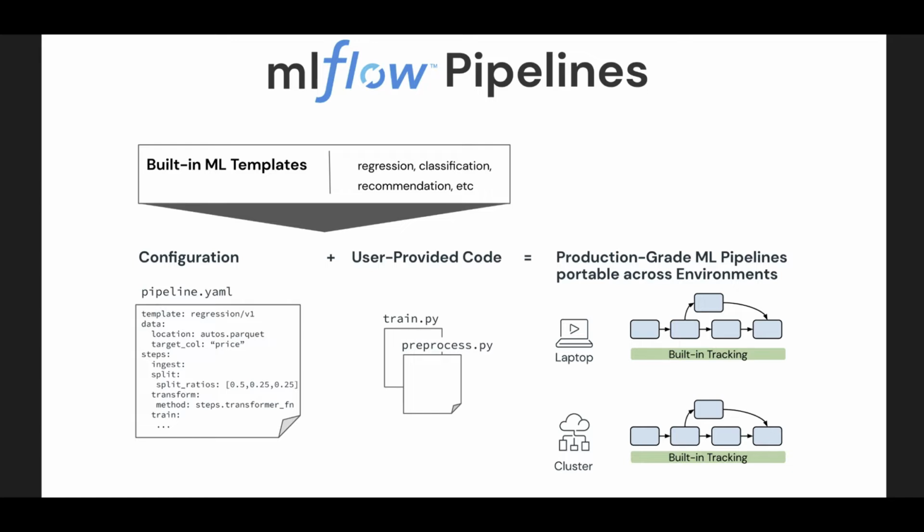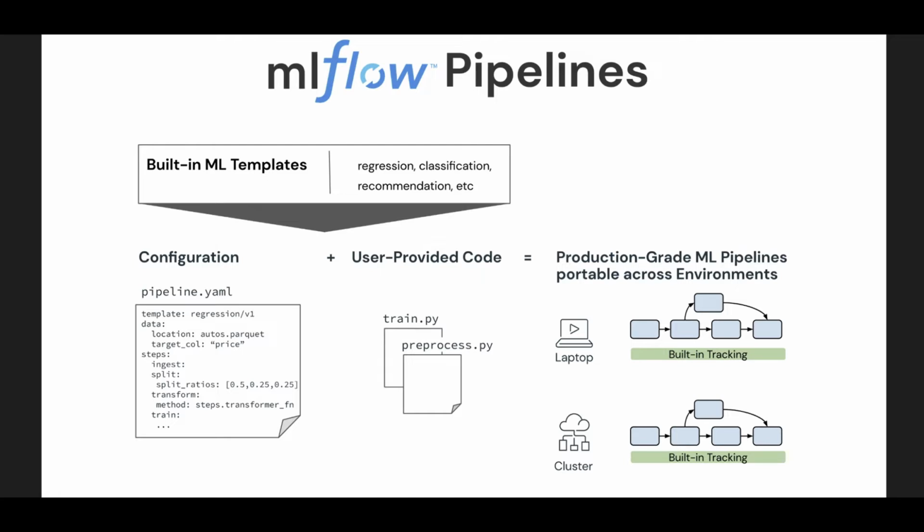This is a great feature added to ML Flow, and it will provide a structured, general framework that can enable data science teams and ML engineers to automate the hand-off from exploration to production. So what does that mean?